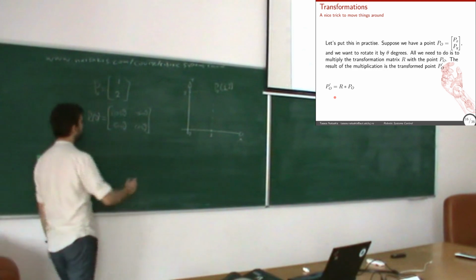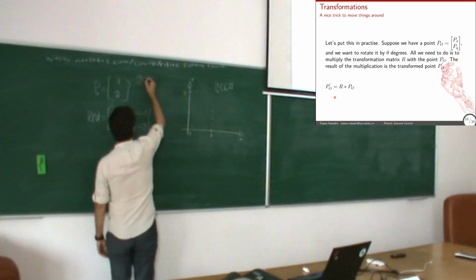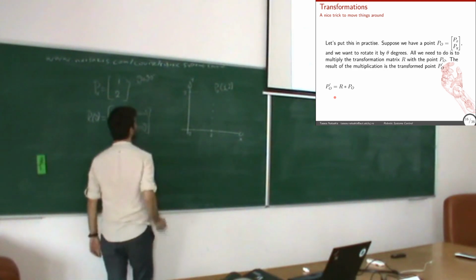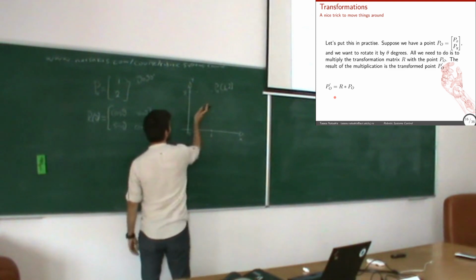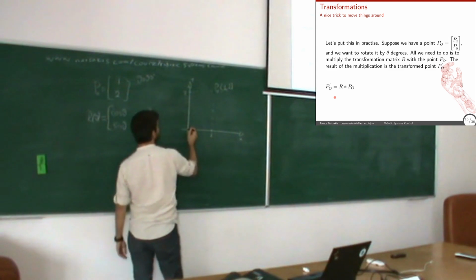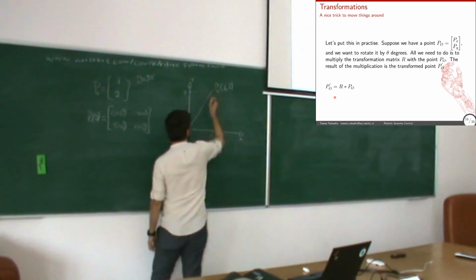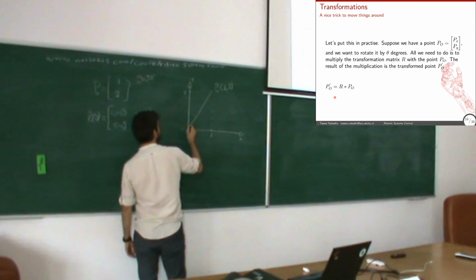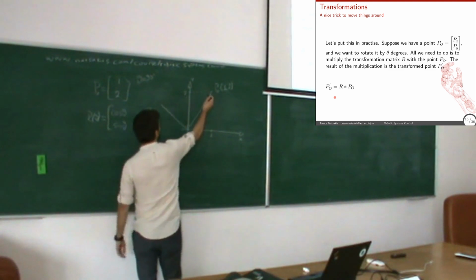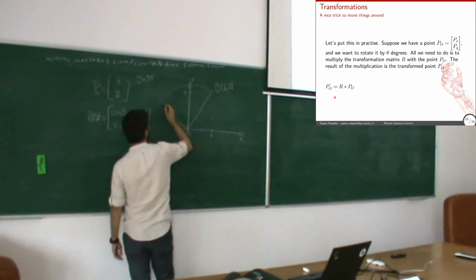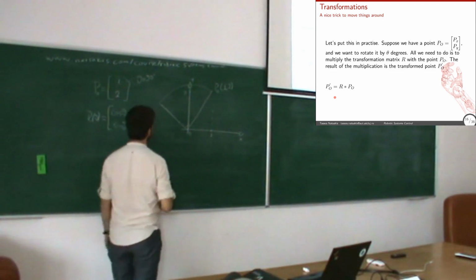So if my theta is 90 degrees, then where do you think this point will end up? So if this rotates by 90 degrees, this means that this will be perpendicular, same length. Where do you think it will end up? Any idea?